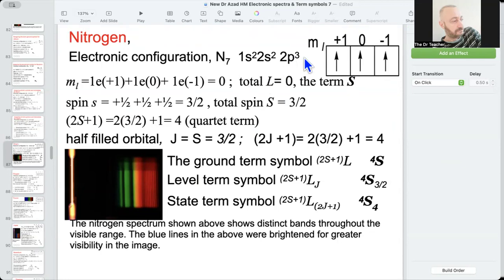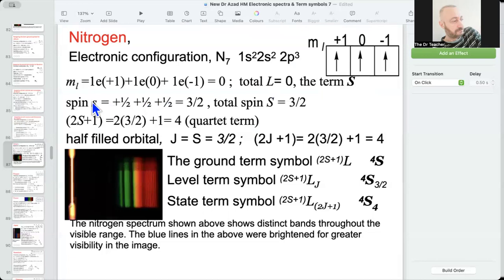So we count the total ml: 1 times plus 1, 1 times 0, 1 times minus 1. In total it will become 0. So if the total of ml is 0, L is 0, so the term will be S. You see? The orbital was P, but the term here became S.